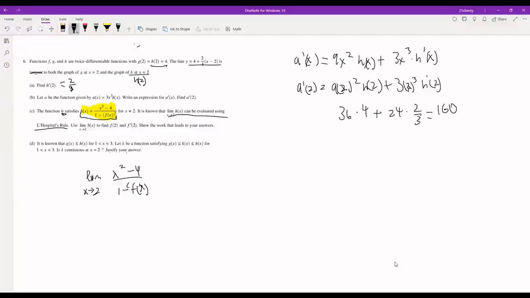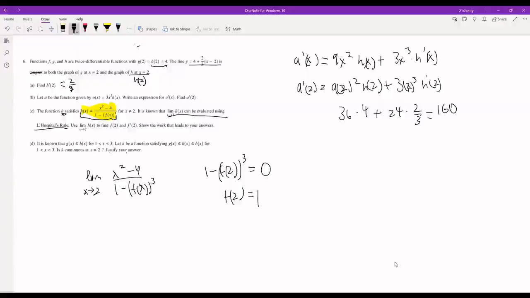And since we can see that the top of the limit, if you plug it in right now, would be 0, we also know that the bottom is 0, which means that 1 minus f of 2 cubed equals 0, which means that f of 2 equals 1. So that's f of 2.